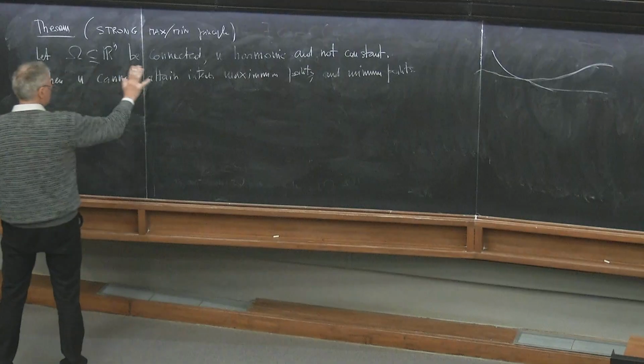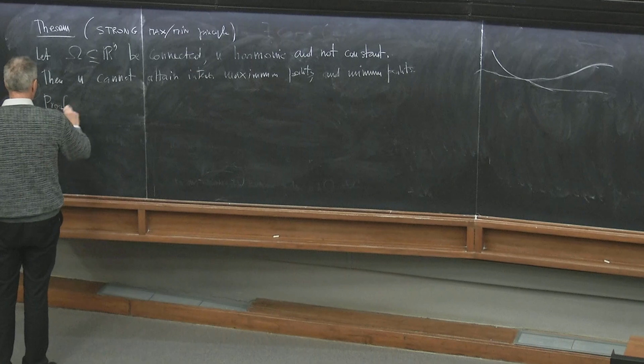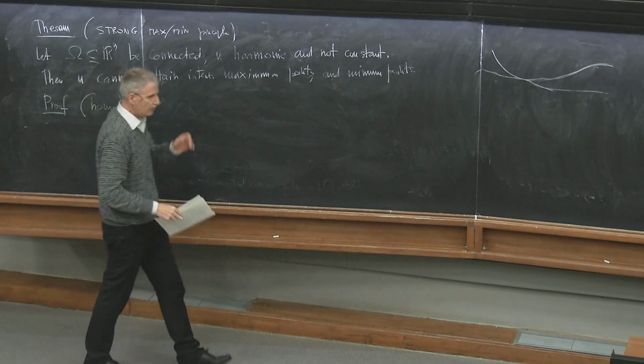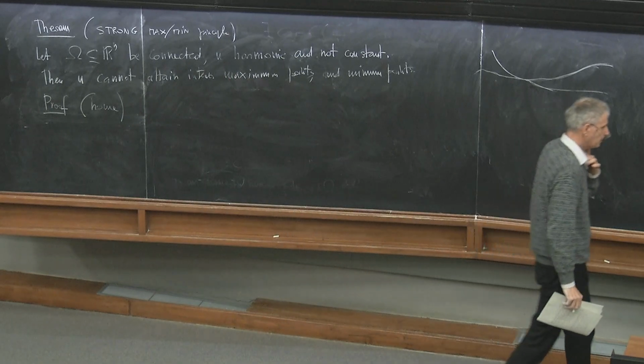Okay, so do you remember also the proof? Maybe you should redo it by yourself. But we have seen already this proof, because this proof was based on the volume mean value formula, for instance.